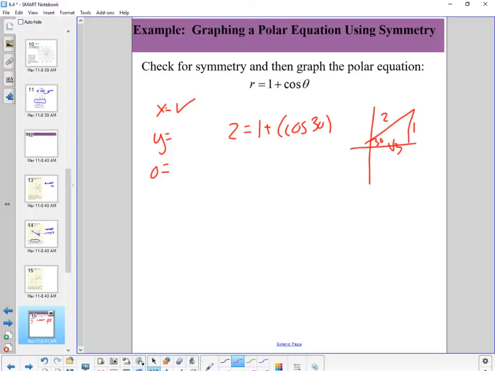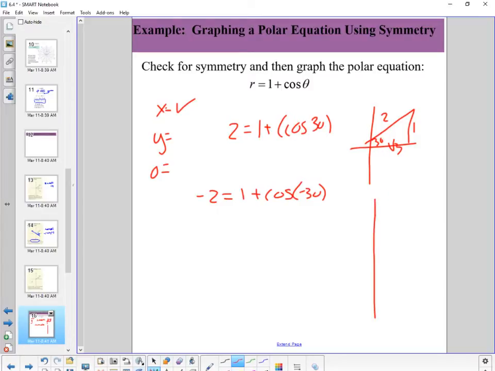Why'd you put the 2 there? Because I need a radius. I need an R. No, it's right there. It's 2. Now, we're changing both of them. So now I got to go negative 2 is equal to 1 plus the cosine at negative 30 degrees.